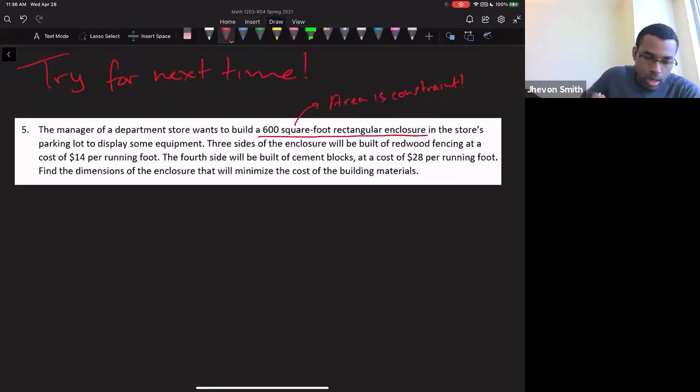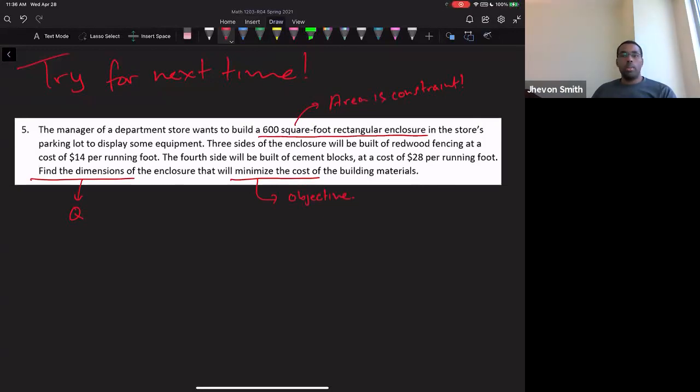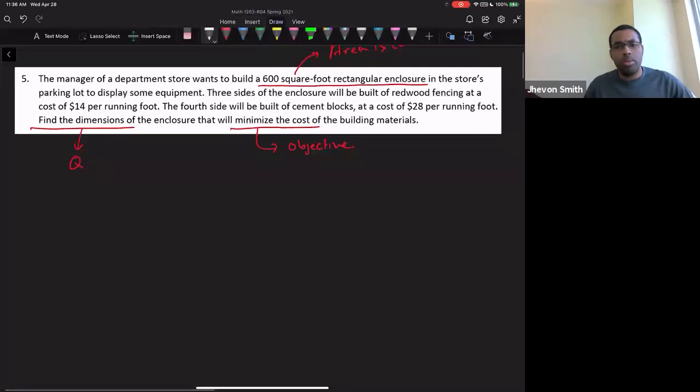And what do we want? Find the dimensions. That's the question we need to answer. And what do we want to do? We want to minimize cost. This is the objective. Okay, so now we know that, we go into our 6-step process because we know that this is optimization.